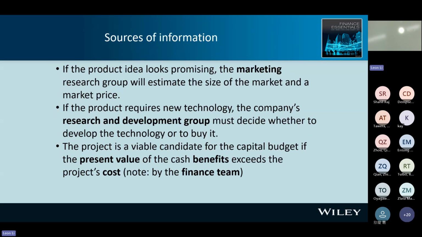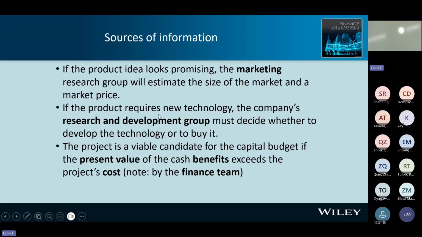So next, you can see the sources of information. To make the capital budget decision, the company needs to collect information. So you can see here we give you the detail. If the product idea looks promising, the marketing research group will estimate the size of the market and a market price.